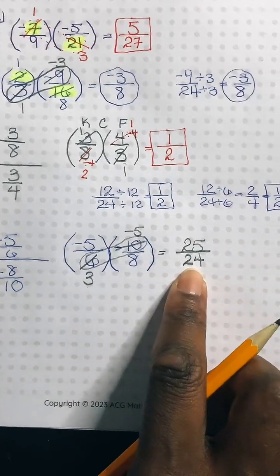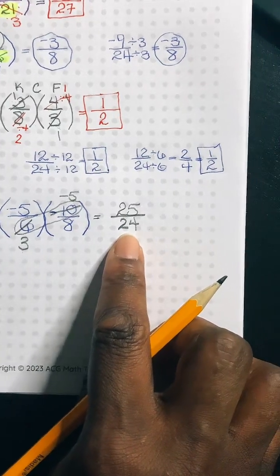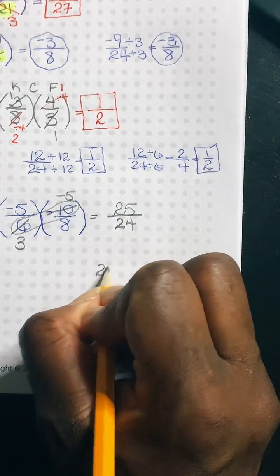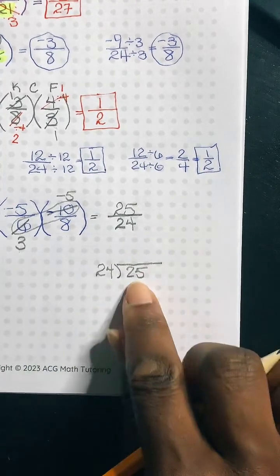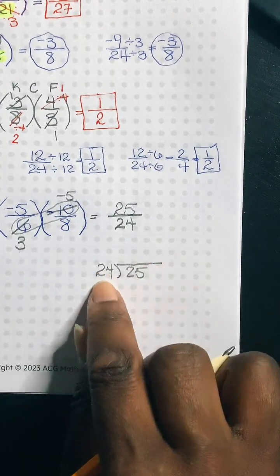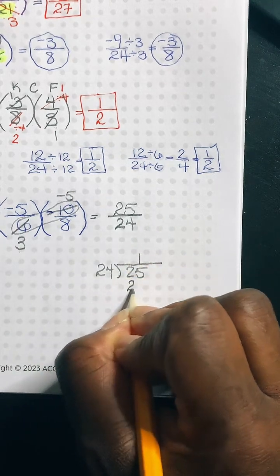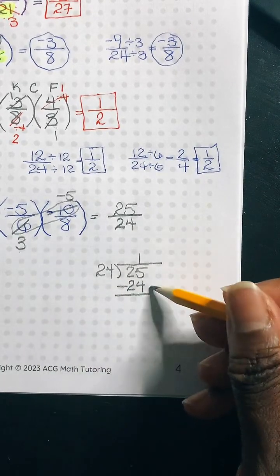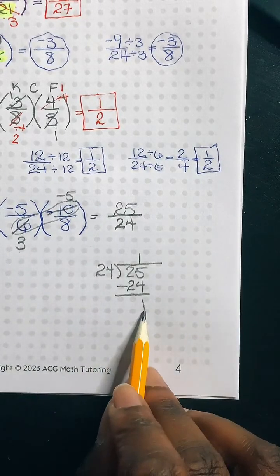So you could leave it as 25 24ths, but if you want to make it into a mixed number, remember you're going to be dividing. 25 is your dividend, 24 is your divisor. How many 24s can go into 25? Just one. Bring down your 24, and we're always subtracting. 25 minus 24 gives me 1. So 1 is my remainder.